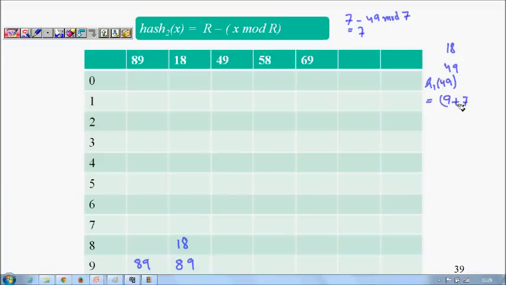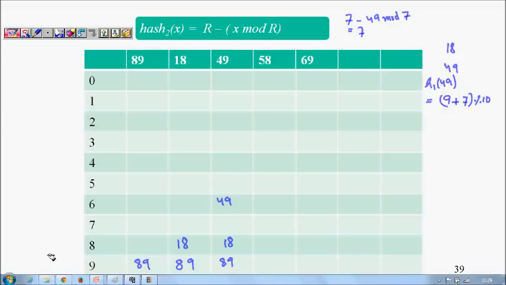So (9 plus 7) modulo 10, so 16 modulo 10, which is 6. So 49 will come here, and we have 18, 89.